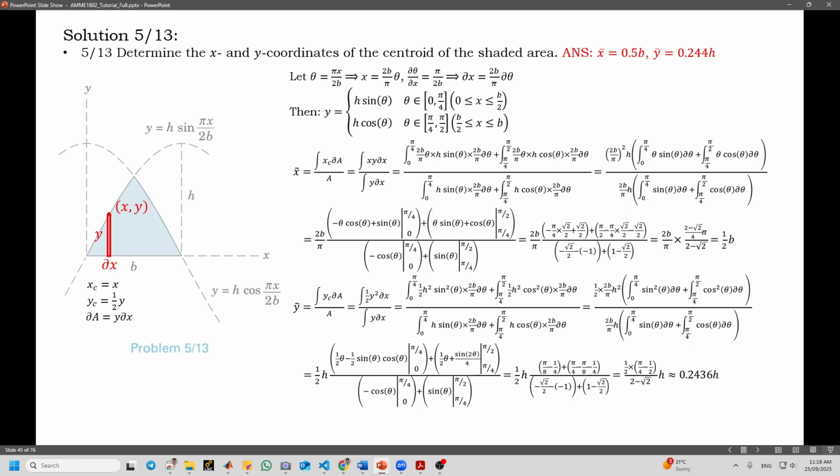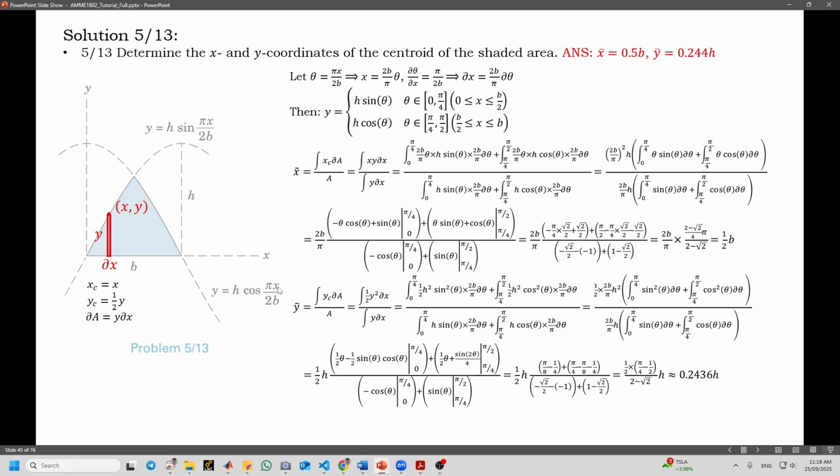You will find which x and y is the right value. So you say that, okay, this y1 and this y2 are equal to each other. H and h will be cancelled, and sine and cosine will be equal. So sine and cosine of 45 degree is equal to each other, yeah?